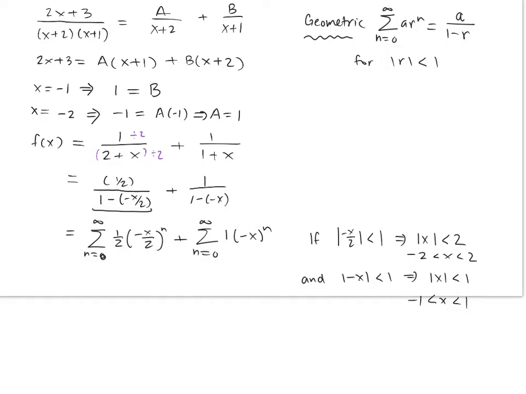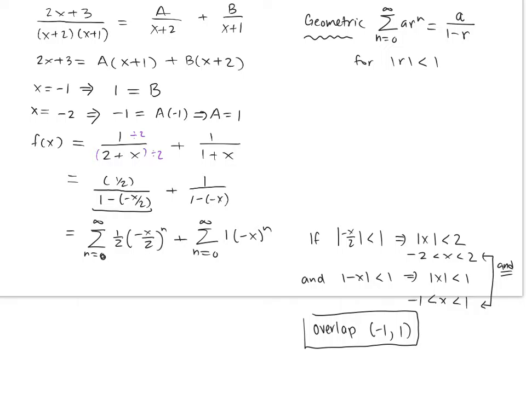Do you see why? Because the first one has to converge and the second one has to converge. So and means where do those intervals overlap, which in the fancy mathematical word for that is intersection. It's negative 1 to 1. Does that make sense? So they overlap or intersect from negative 1 to 1. So that's going to be the set of x's for which the series will converge.